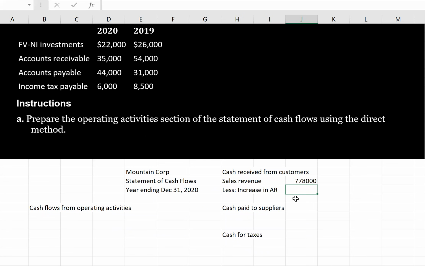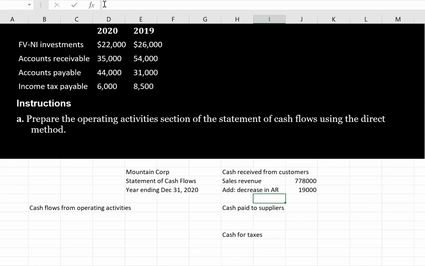And then what happened with AR? We can see it right here. So AR in 2019 was 54,000. And now it's only 35,000. So it actually went down. So we're going to add a decrease in AR. So that's good for us.